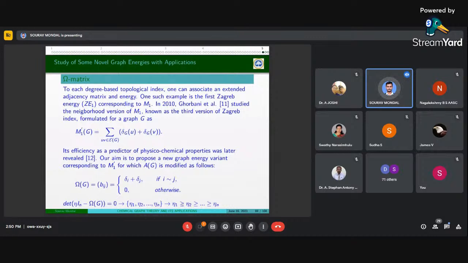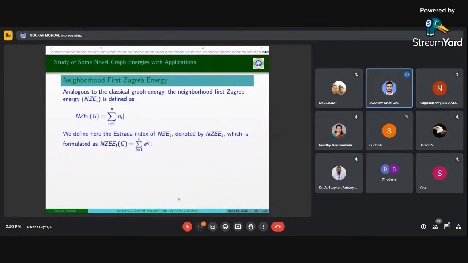Here, similarly, η1, η2, ..., ηn form the Ω spectrum. Analogous to the classical graph energy, the neighborhood first Zagreb energy is defined here as NZ1 equals the summation of |η_i|.